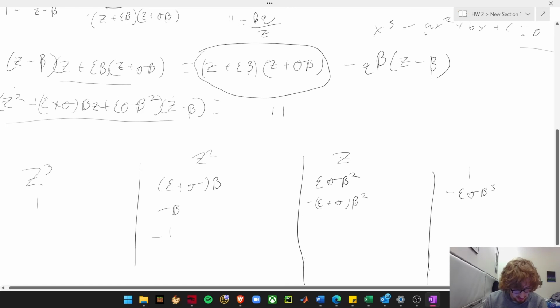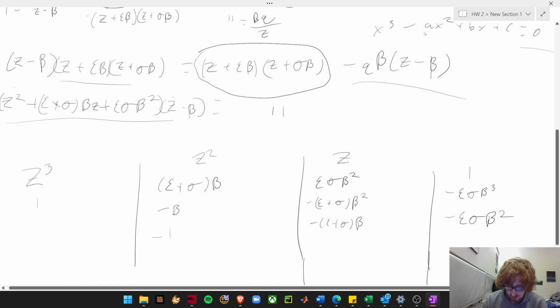We have a negative epsilon plus sigma times beta, and then finally, we'll have another negative epsilon sigma beta squared.